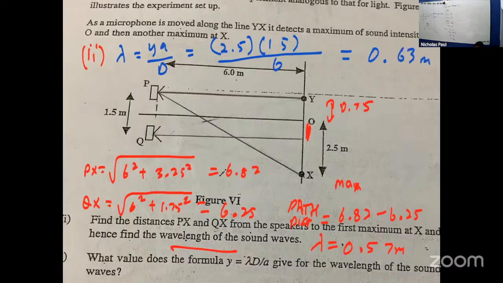But why are the answers different there, Mikhail? Why are the answers different? Small angle. So which one is more accurate, part one or part two?